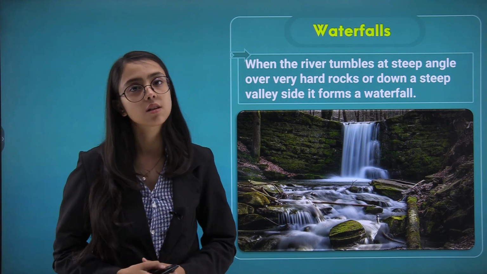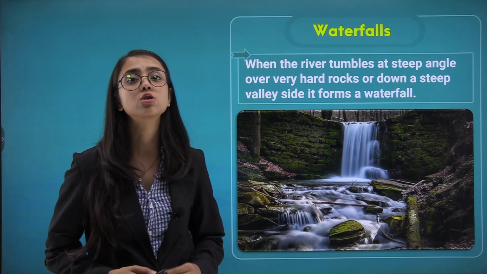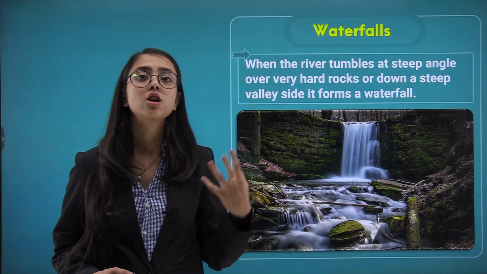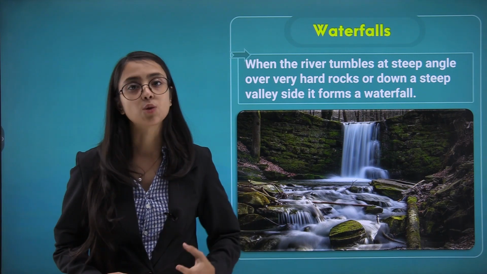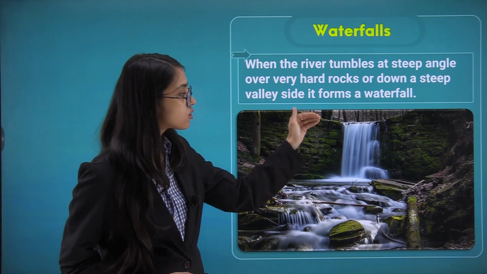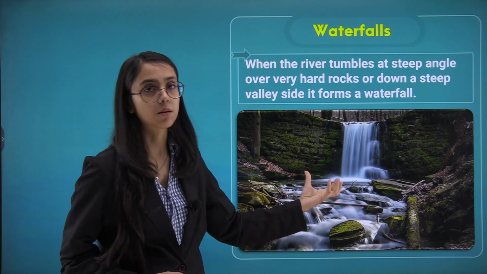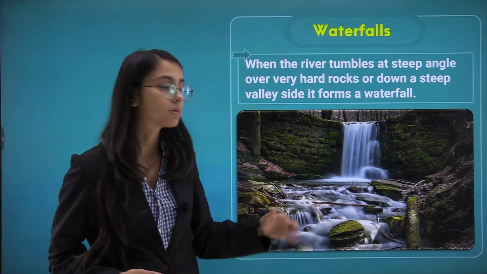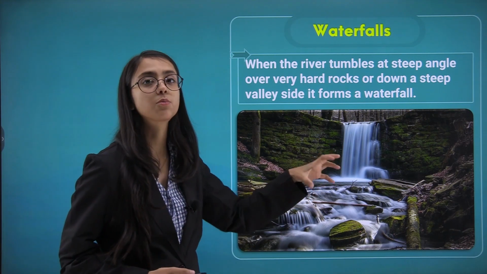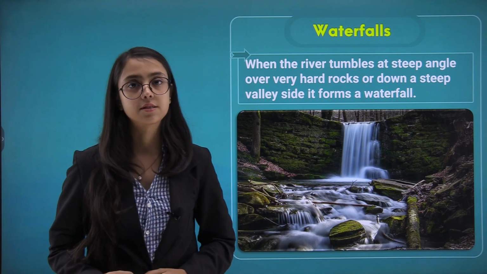This is known as a waterfall. This also results in formation of small stones and soil, because whenever the force of the falling water touches the ground it becomes more and more feeble, and this landform is broken further into rocks.